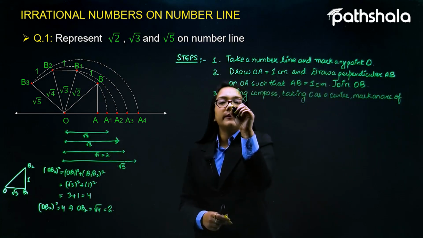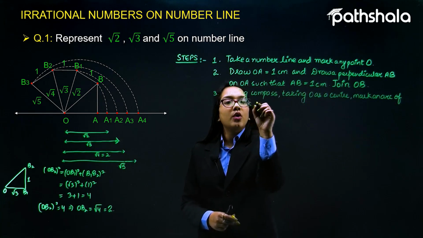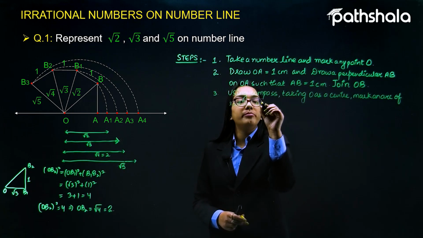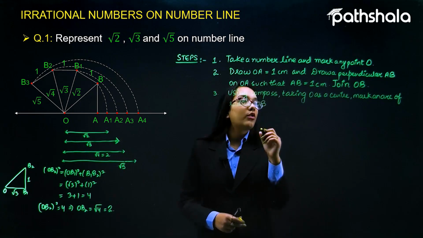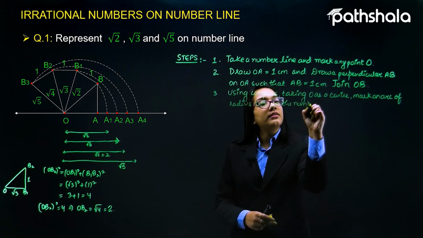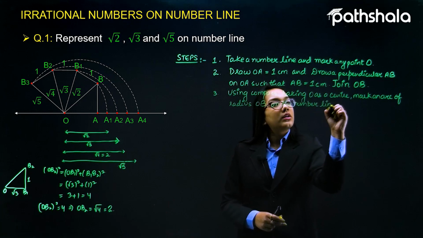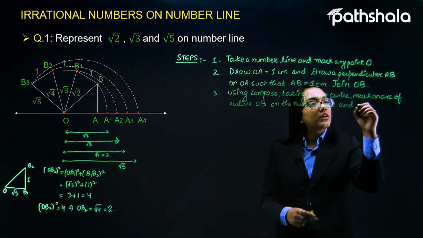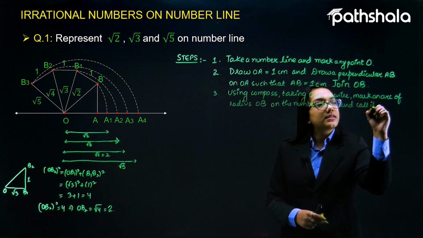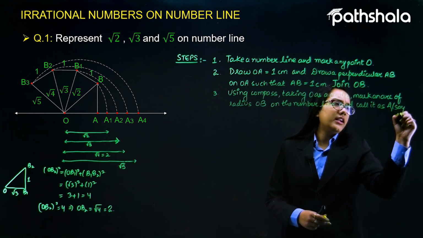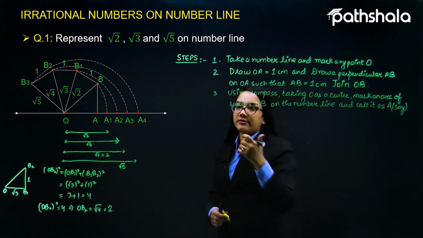of radius OB on the number line, and call it as A1, say.